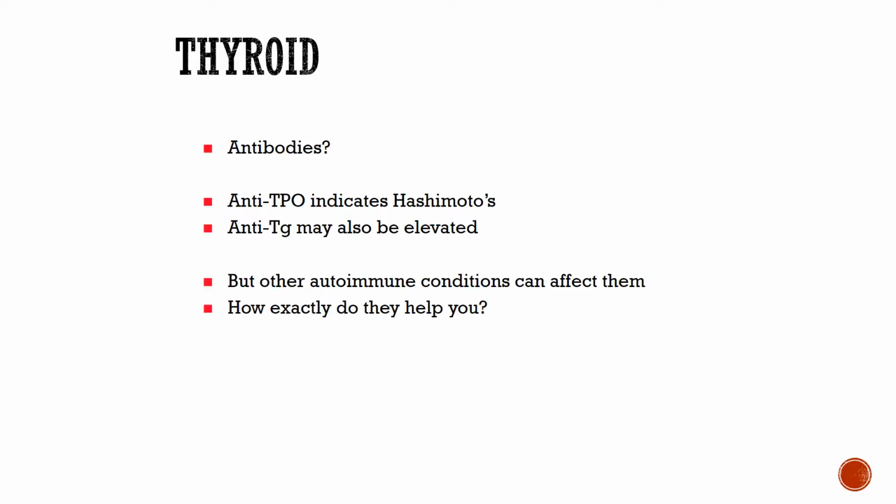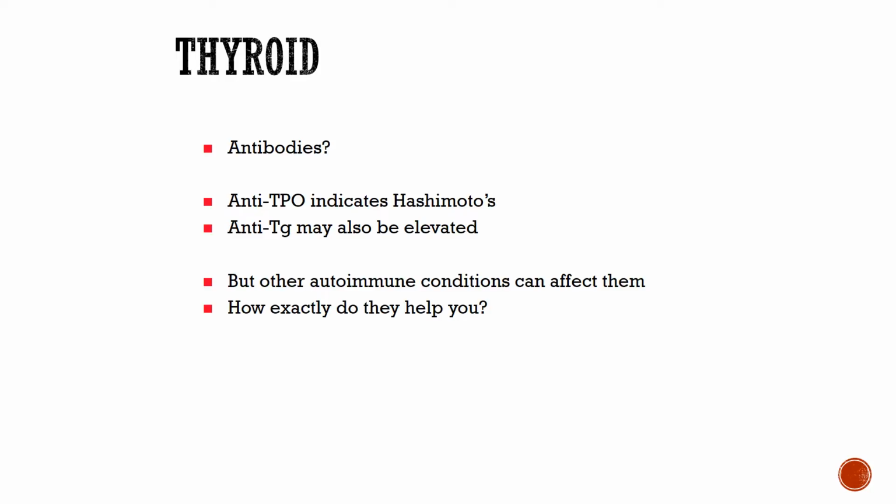Now, the majority of people with hypothyroidism have Hashimoto's thyroiditis. And so when they have Hashimoto's thyroiditis, it's an autoimmune process. You can order an anti-TPO and an anti-thyroglobulin antibody, and those will usually be elevated in that case. I guess the question is, how much does that help you?